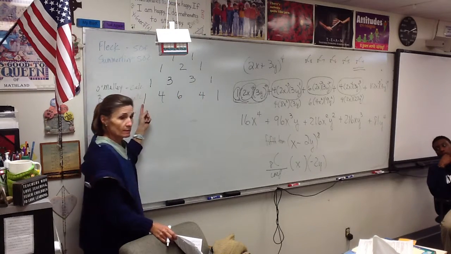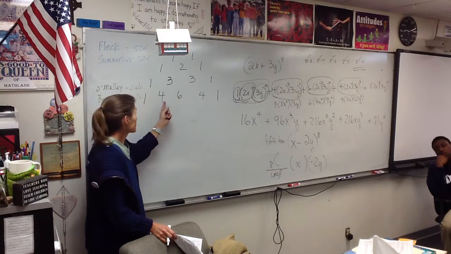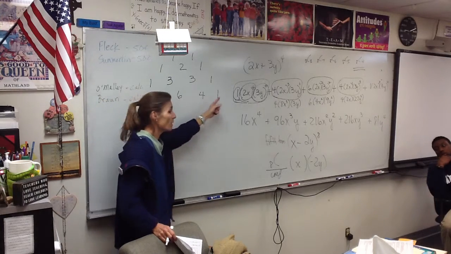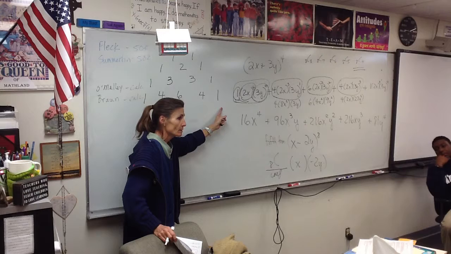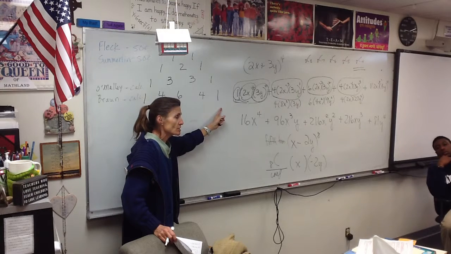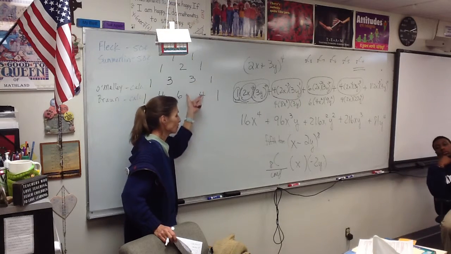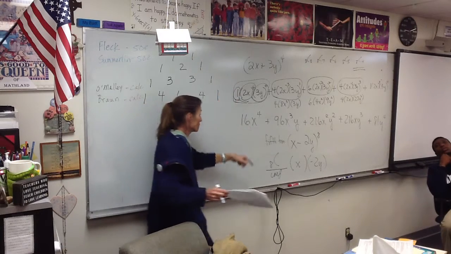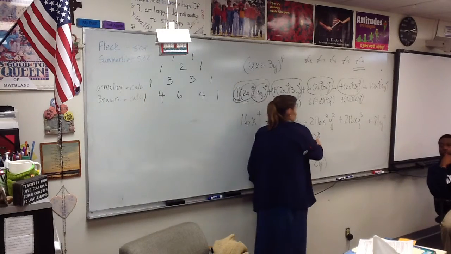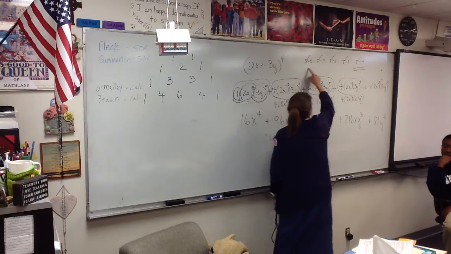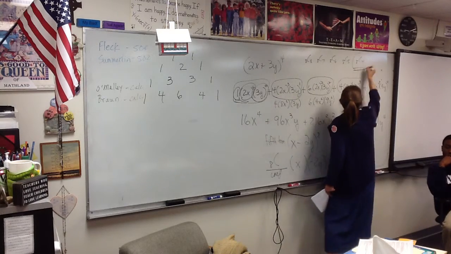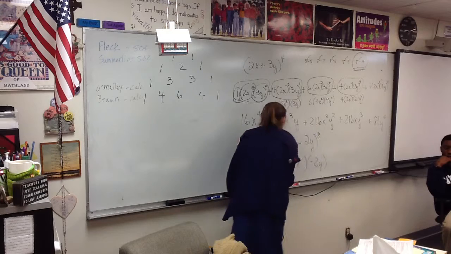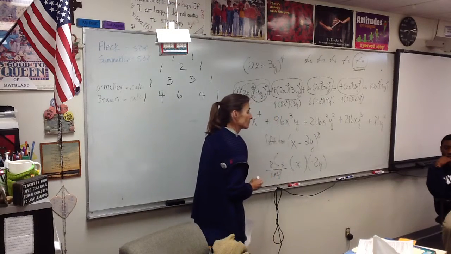So this is 4C4, 4C3, 4C2, 4C1, 4C0. It's just easier with the little rows to write it out than it is to go through all that stuff. But for this 8th row, we're just going to count down, and that is our coefficient, 8C4.